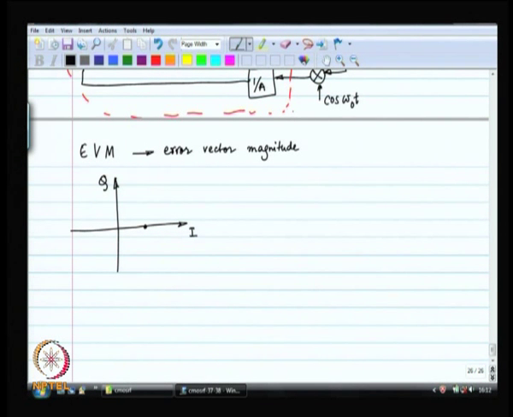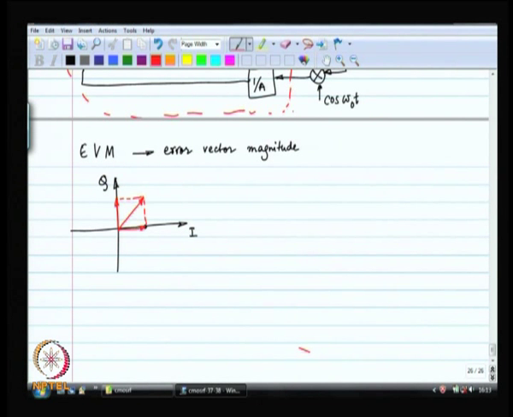Think phasors now. The phasor of the in phase is a certain magnitude, the phasor of the quadrature is a certain magnitude, which means that the net signal is the vector addition of these two, and the net signal has a certain magnitude and phase.